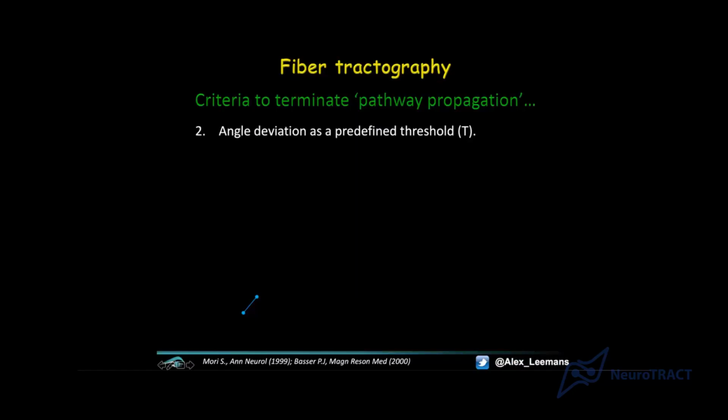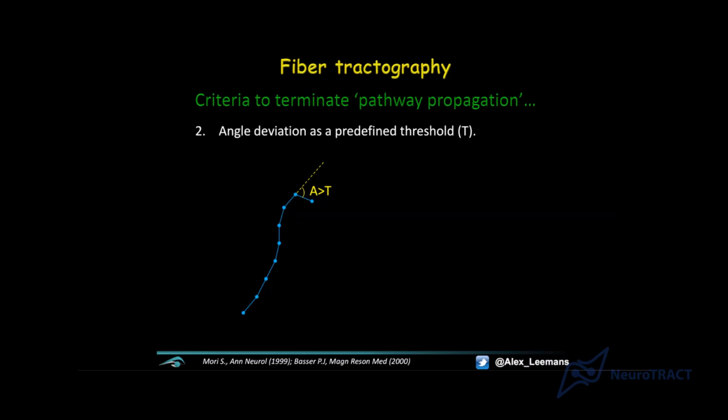Okay, so we were now discussing the second one, which is angle deviation. If you do tractography, then you take little steps, like shown here. You take step, step, step, and at some point, in this case the last step, the angle between two consecutive segments of this pathway is above a predefined threshold.